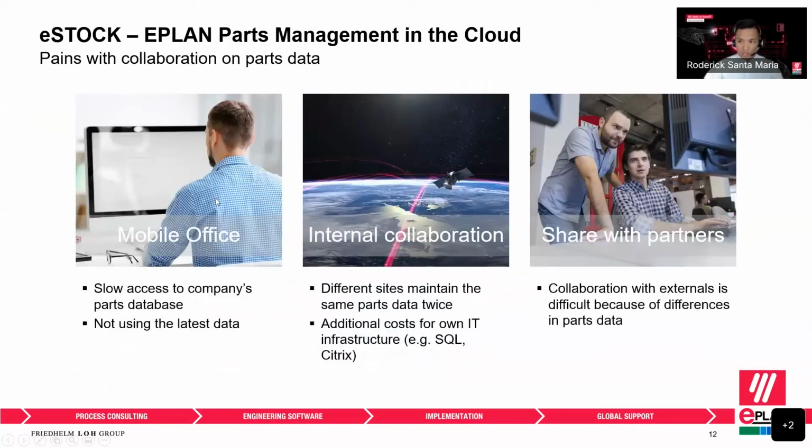The current situation is that you have engineers that are working remote, and obviously they need to have access to your company parts database. When this happens, there's always going to be a high latency between the communication of your company server and the user's personal computer at home.